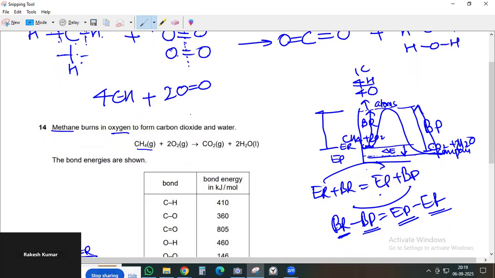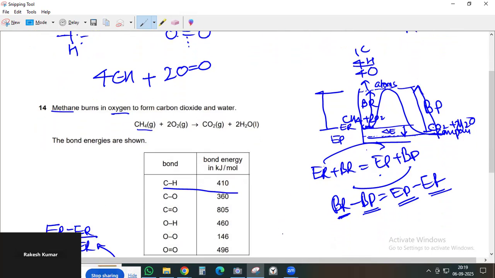What's the energy required for CH? 410. And what's the energy required for breaking one O double bond O? This. So the bond breaking is 4 into 410 plus 2 into 496. This is BR.